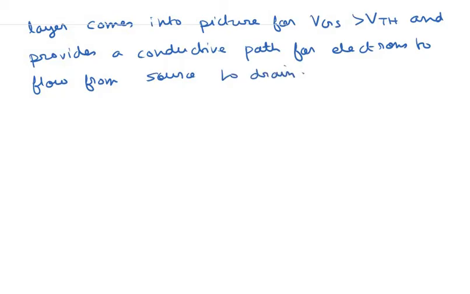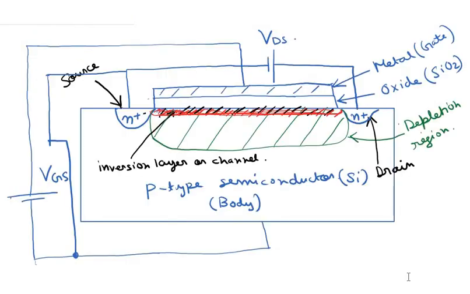If there is no conducting path, or no channel, or in other words no inversion layer, then no electrons can flow from source to drain. And the main reason for that is that no electrons can actually flow from P to N. So if this conducting path is not present at the surface of the p-type body, then current cannot flow, because no electrons can flow from the p-type semiconductor into this n-type semiconductor.